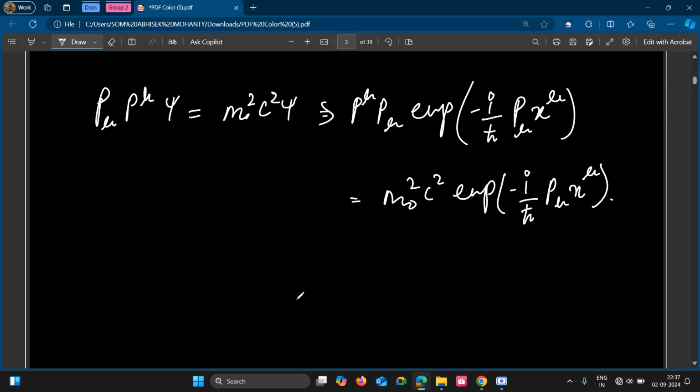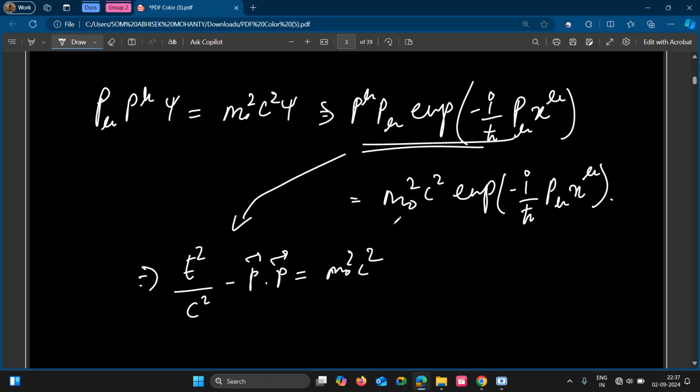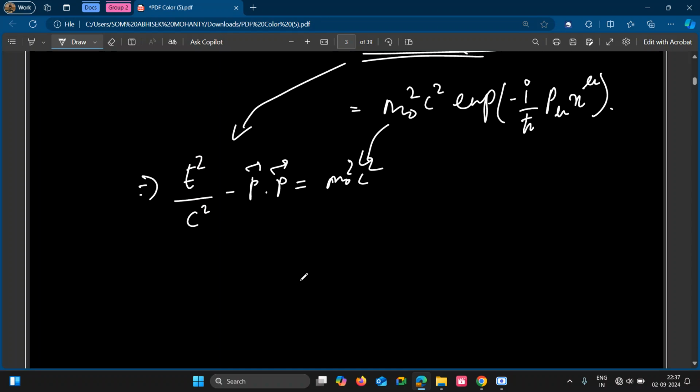So this will give me something like E square by c square minus p dot p equal to m naught square c square. So this will automatically give me E square by c square equal to p square plus m naught square c square.